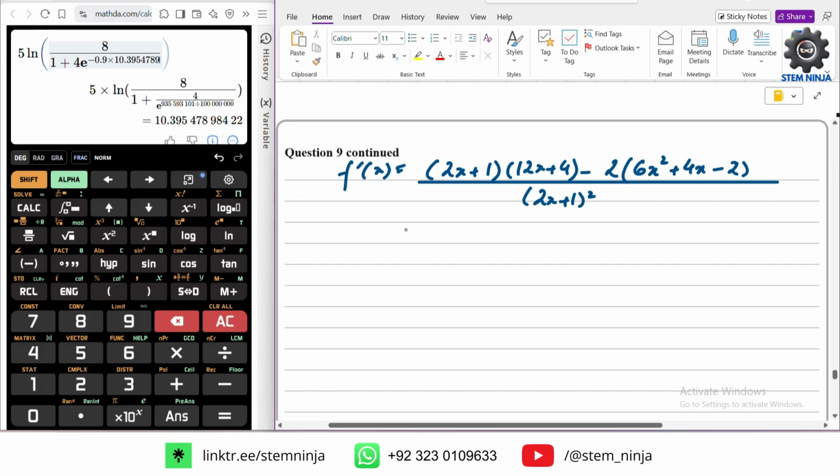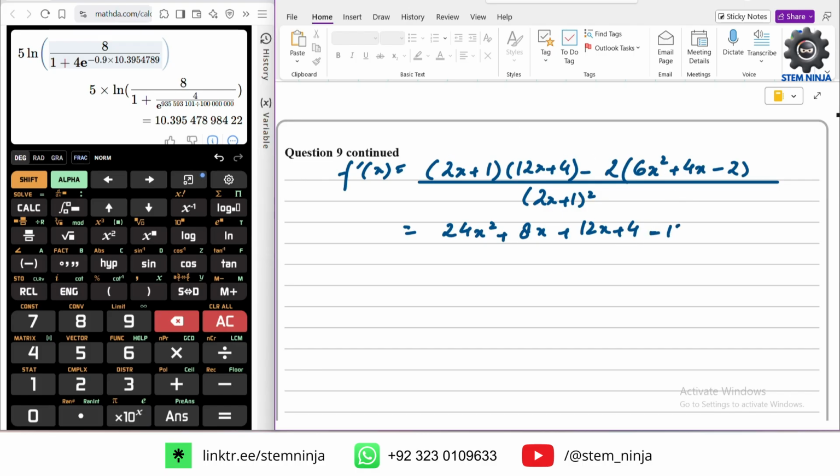Right, okay, let's further simplify this. So this is going to become 24x squared plus 8x plus 12x plus 4, then minus 12x squared minus 8x plus 4, divided by 2x plus 1 whole squared, okay.